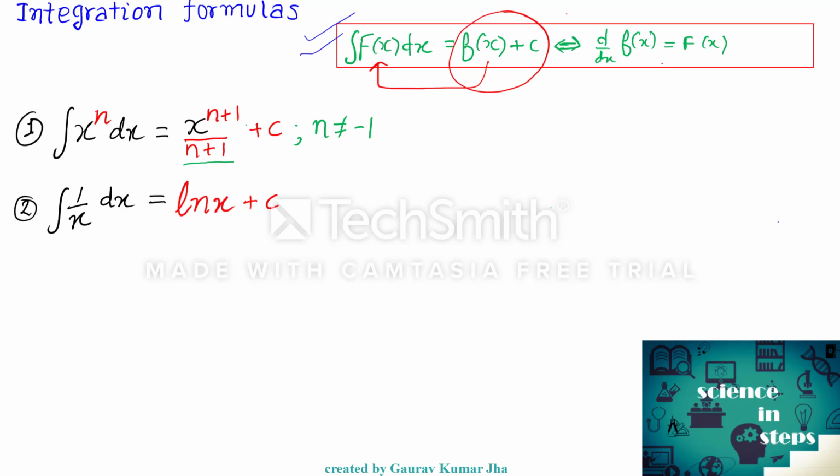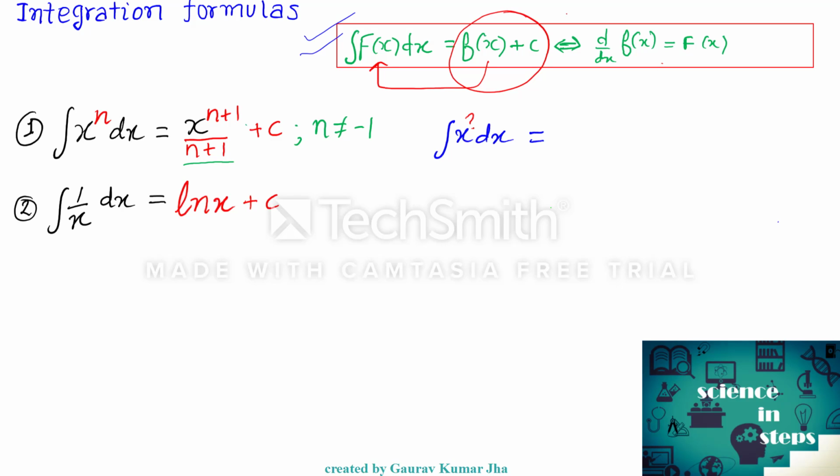Now let us see the application of the first formula, because n could be anything. It could be an integer, it could be a fraction, only that n is not equal to minus 1. Let us see some examples. What if I have to integrate x dx? All we have to do is ask, what is the power of x? Here you can see that the power of x is actually 1, so that is the value of n in our formula.